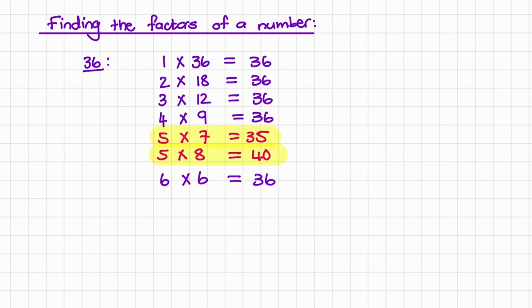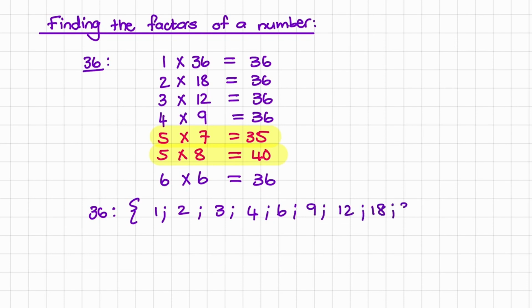So the factors of 36 are 1. So remember, we put this in ascending order. 2, 3, 4, 6, 9, 12, 18, and 36. And how I numbered them is I said it's 1, 2, 3.